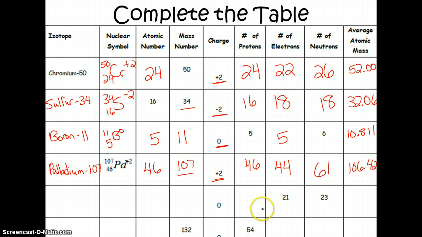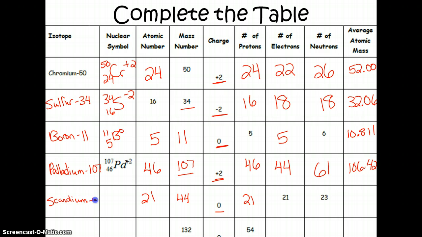Now here we know we have a charge of 0, so protons and electrons would be the same number. That tells us that we're dealing with element 21, which is scandium. The mass is protons plus neutrons, so that's going to be 44.